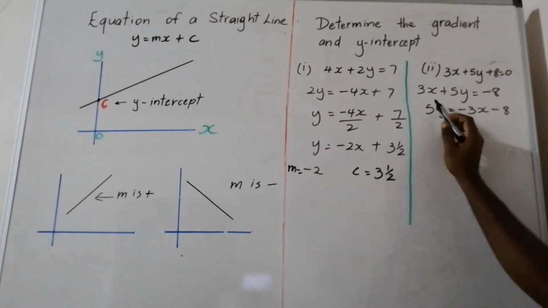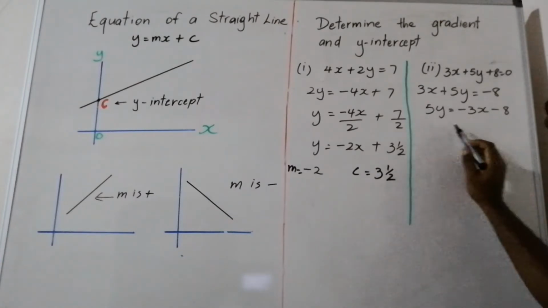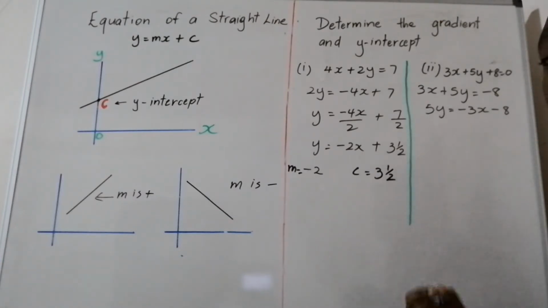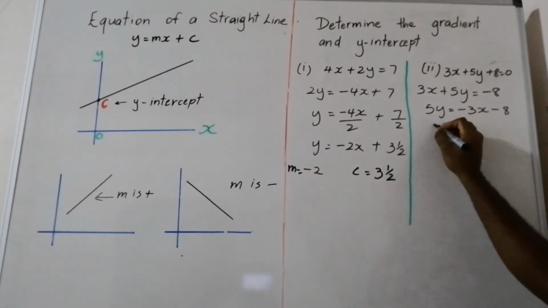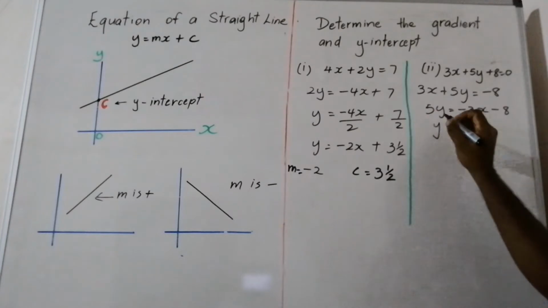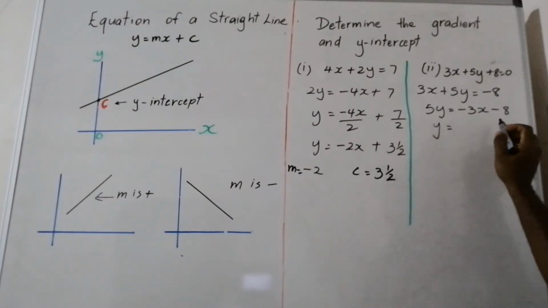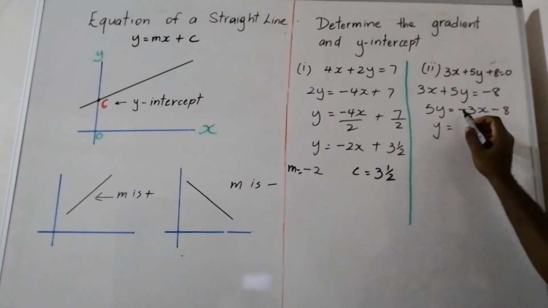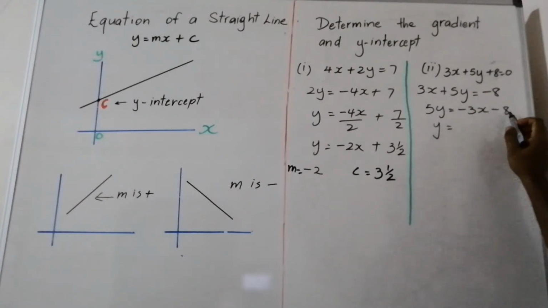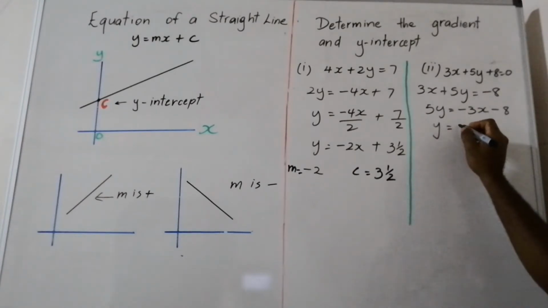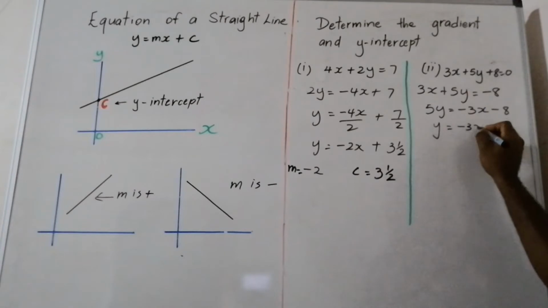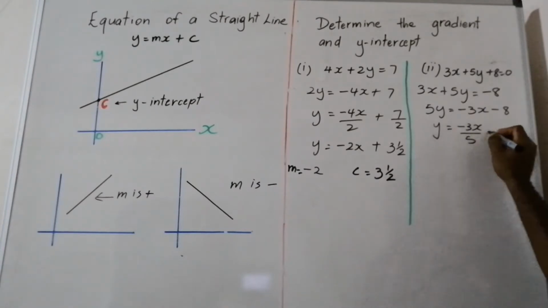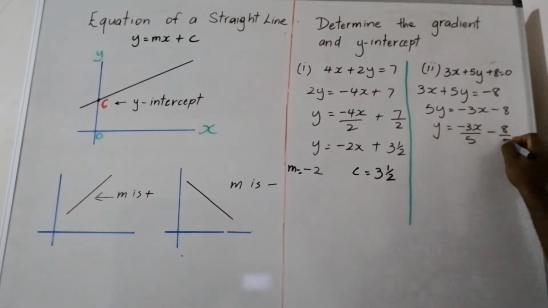Since the 5 is multiplying, when it goes over, it does the inverse of multiplication, which is division. So therefore y is equal to, and the 5 will divide both numbers, the minus 3x and the negative 8. So we'll now have minus 3x over 5 take 8 over 5.